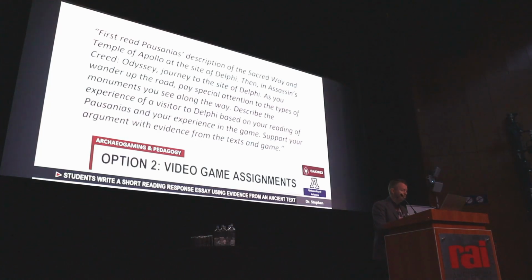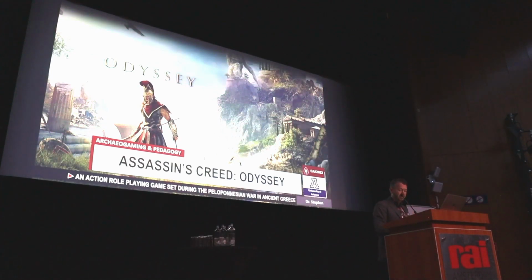An example might be something along the lines of this: read Pausanias' description of Delphi and the sacred way in the Temple of Apollo, then journey there in the video game. Take notes on what you observe as you work your way up the sacred way to the Temple of Apollo, and then compare your own observations in the game to what we see in the ancient texts. So those are two examples of what these two tracks end up looking like.